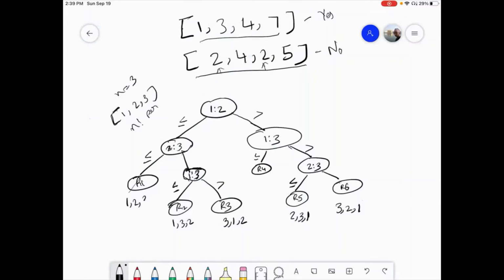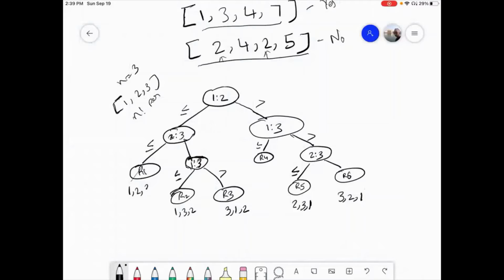When you look at all those n factorial permutations and use a decision tree with operations like less than or equal to and greater than, you can see that we end up having 6 leaf nodes: R1, R2, R3, R4, R5, and R6.